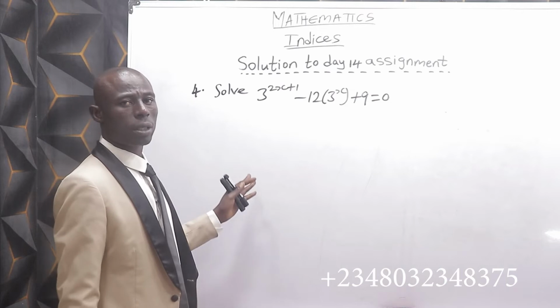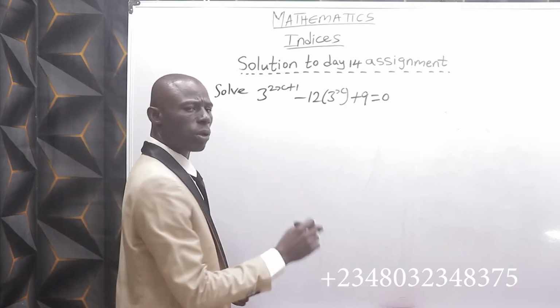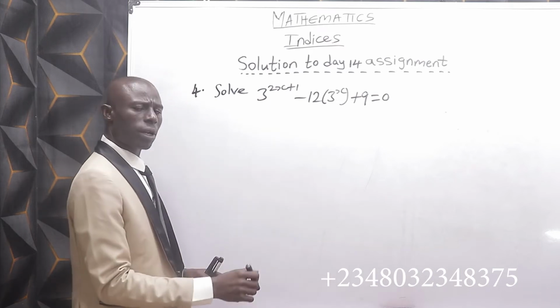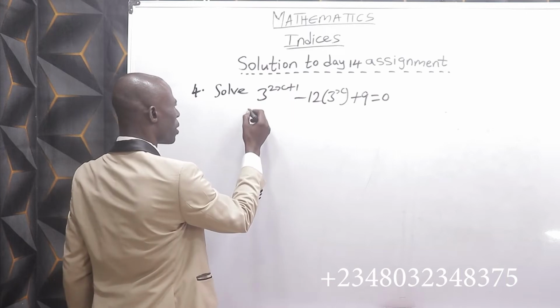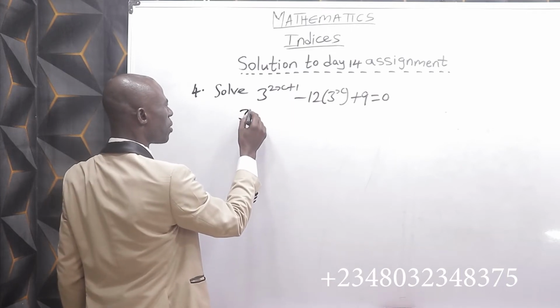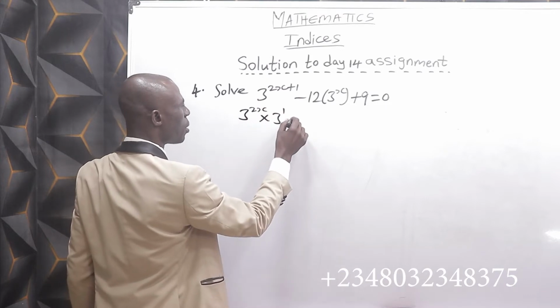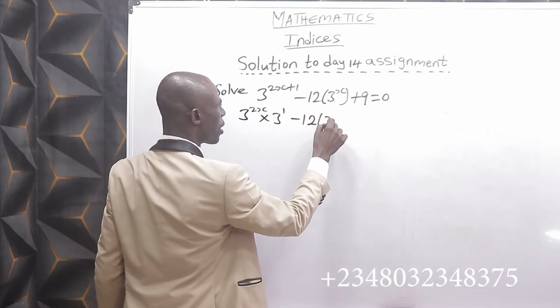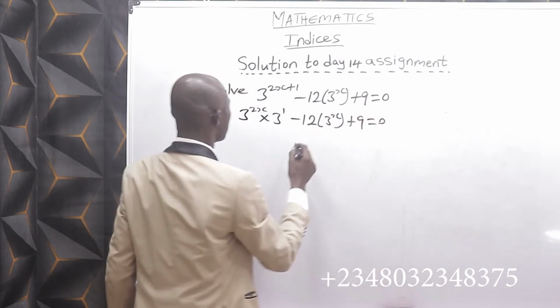So the last question of the assignment, question 4. Solve 3 raised to the power 2x plus 1 minus 12 into 3 raised to the power x plus 9 equals 0. We express this as 3 raised to the power 2x times 3 raised to the power 1 minus 12 into 3 raised to the power x plus 9 equals 0.